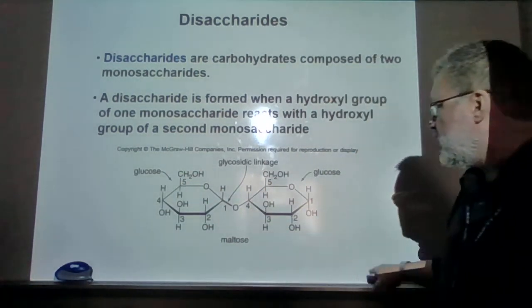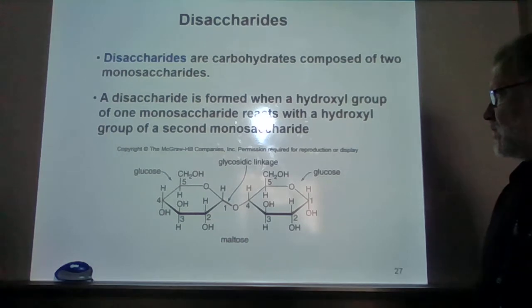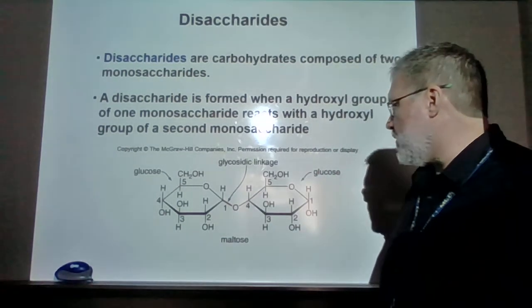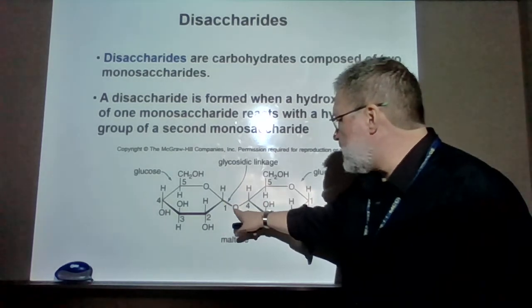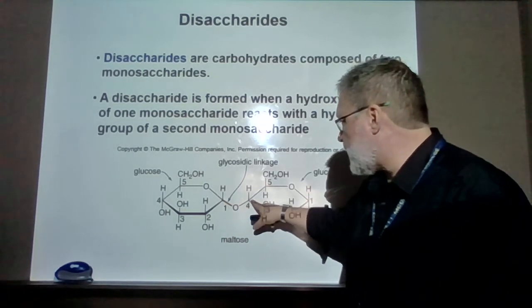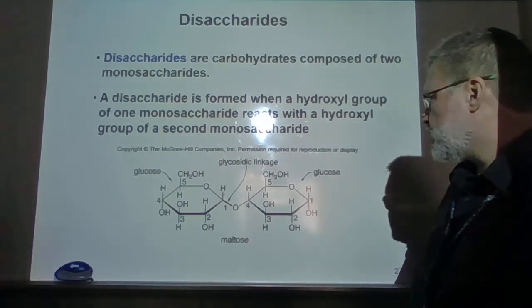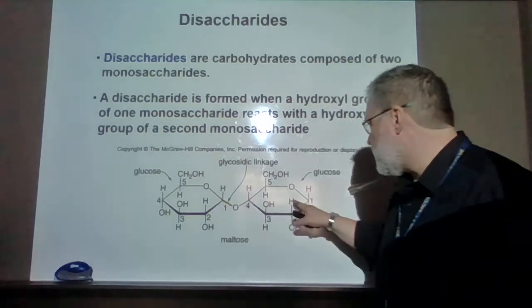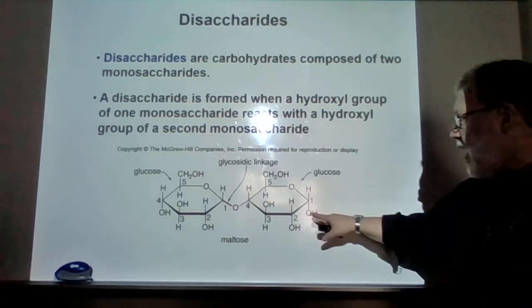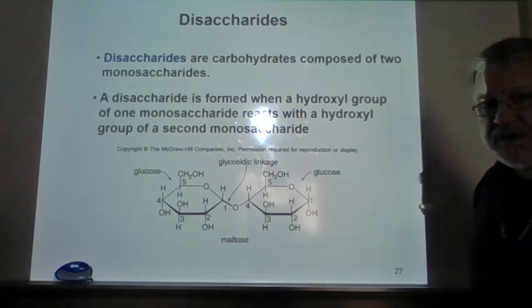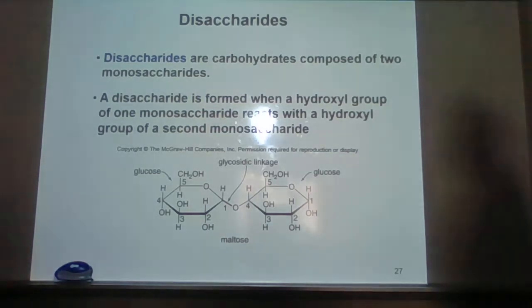It reacts with another molecule of glucose. This is the alpha isomer. Notice this link is down, but this oxygen at C1 has reacted with the position at C4. These are both alpha isomers. This particular configuration is known as maltose.